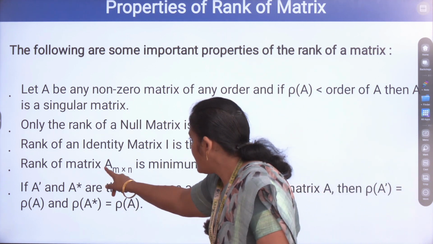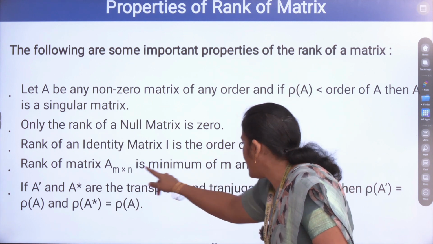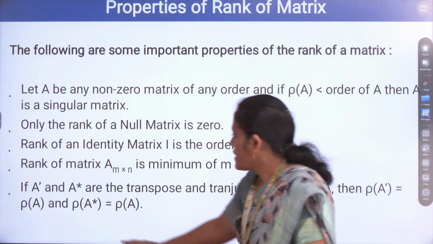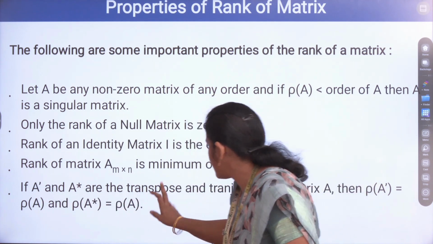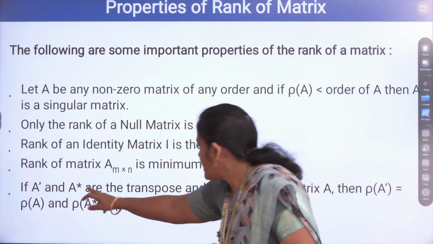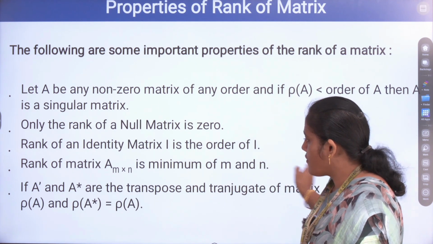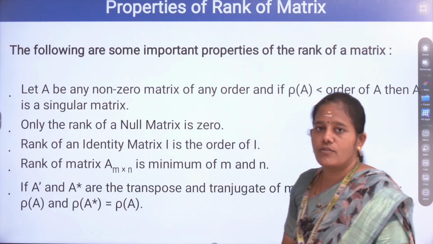The rank of an m cross n matrix is at most the minimum of m and n. Next, if A dash is the transpose matrix and A star is the conjugate transpose matrix, then ρ(A dash) equals ρ(A) and ρ(A star) equals ρ(A).